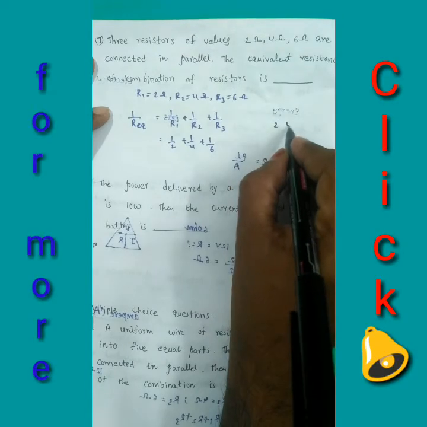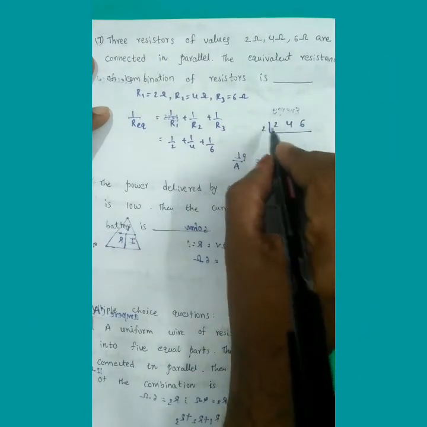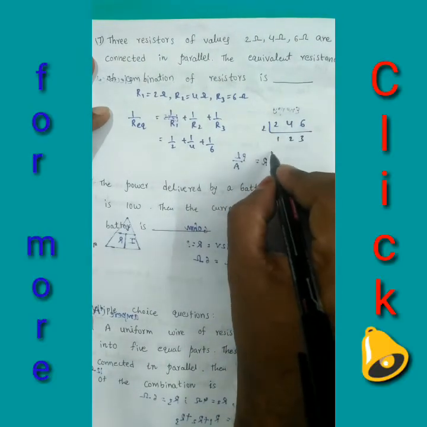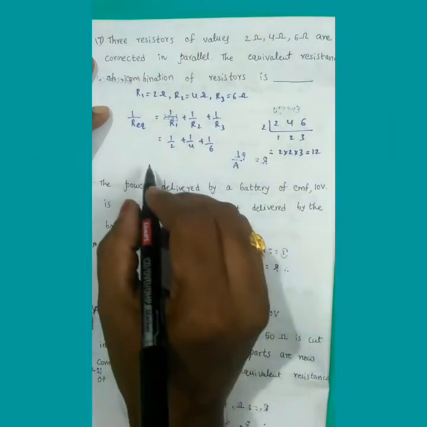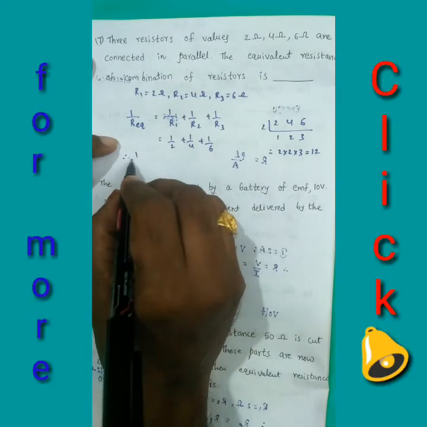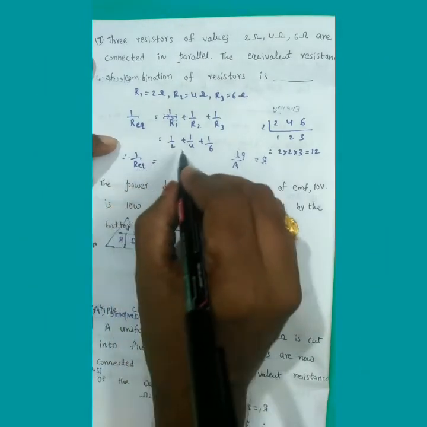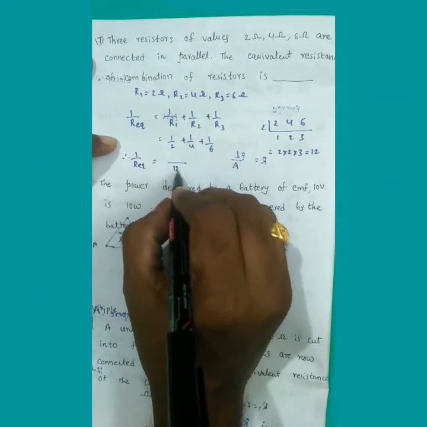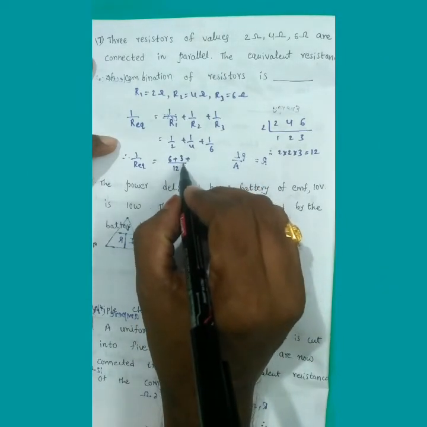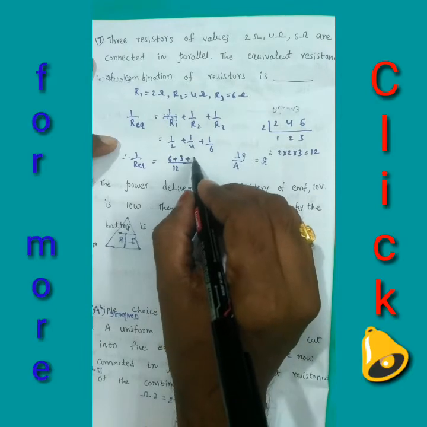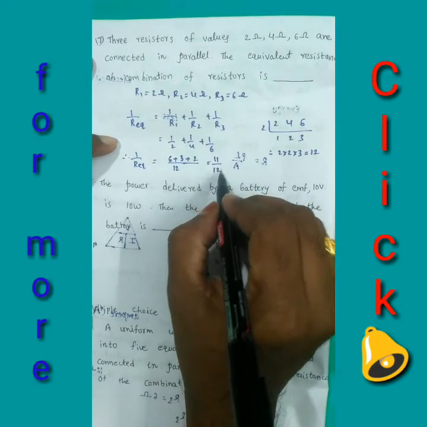We have to take the LCM of 2, 4, 6, which is 2 into 2 into 3, that means 12. So 1 by R equivalent equals 6 plus 3 plus 2 over 12, that means 11 by 12.